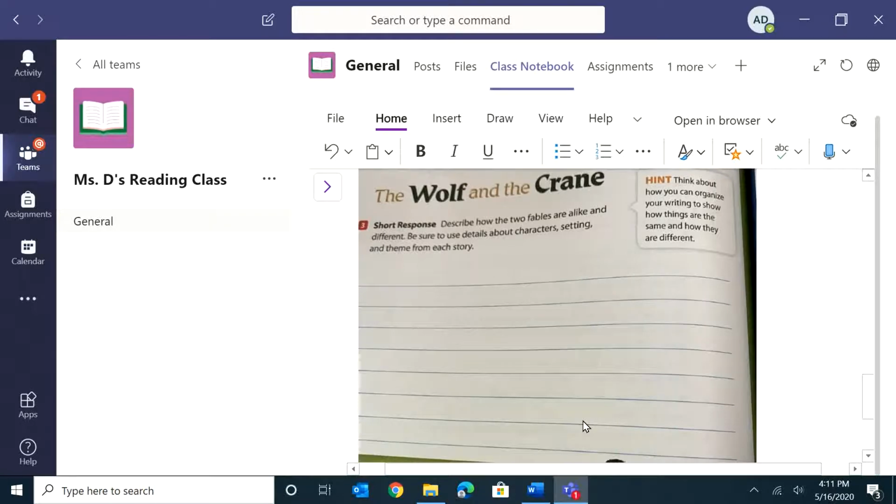Be sure to use details about characters, setting, and theme from each story. Remember, it's a short response, which means I need a paragraph. I need a main idea, which I get from my writing prompt. I need details, and I need a concluding sentence.